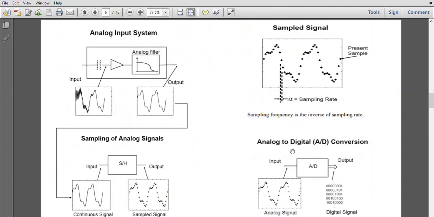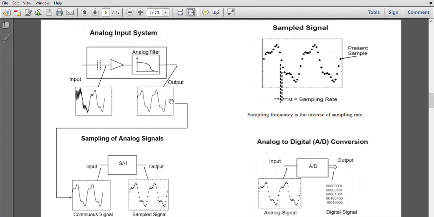Here is the overview of the whole system going on in the digital relay. Analog input system: this is basically the CT or PT, which will give the signal, which is then fed to the analog filter. This is the input, and after the analog filter, the signal is filtered out.